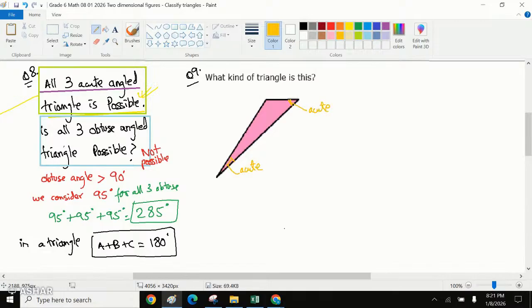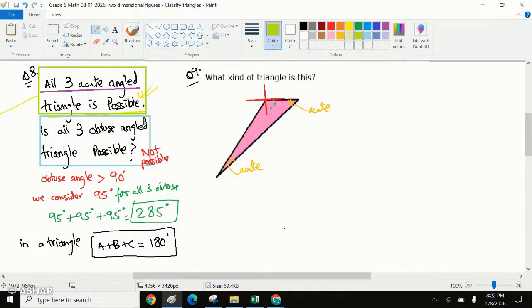What about the third one? For the third one, we can make a plus sign on the axis on this triangle at this point, and we can see whether it's greater than 90 or less than 90, right?